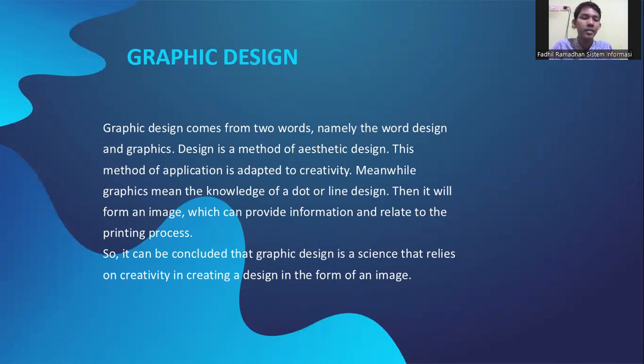Meanwhile, graphic means the knowledge of a dot or line design that will form an image which can provide information and relate to the printing process. So it can be concluded that graphic design is a science that relies on creativity in creating a design in the form of an image.